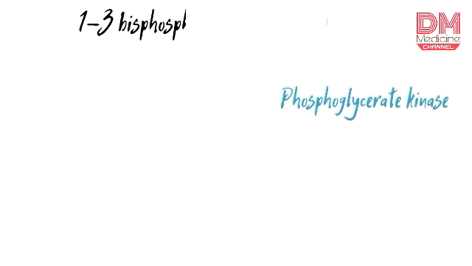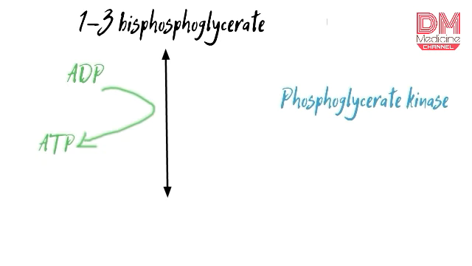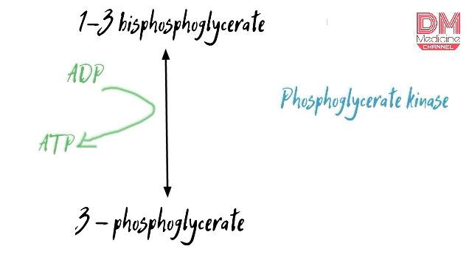Then the enzyme phosphoglycerate kinase acts on 1,3-bisphosphoglycerate, resulting in the synthesis of ATP and formation of 3-phosphoglycerate. So this is a good example of substrate level phosphorylation.